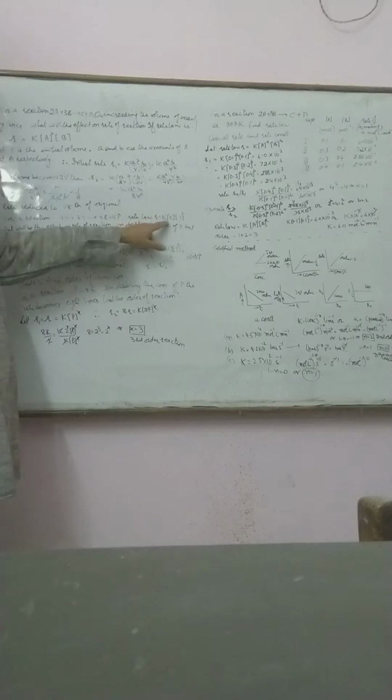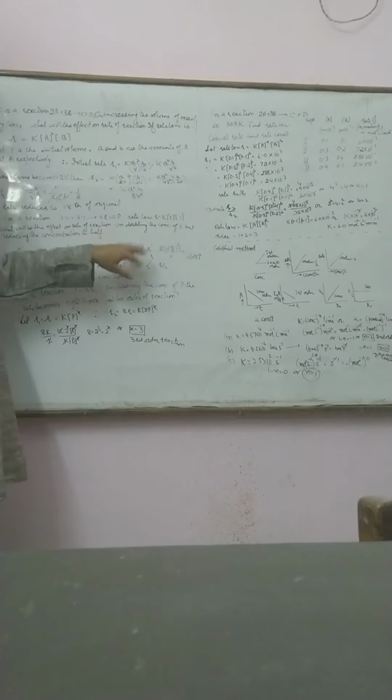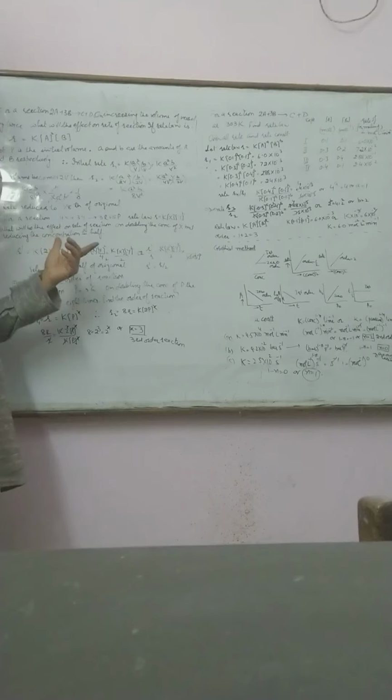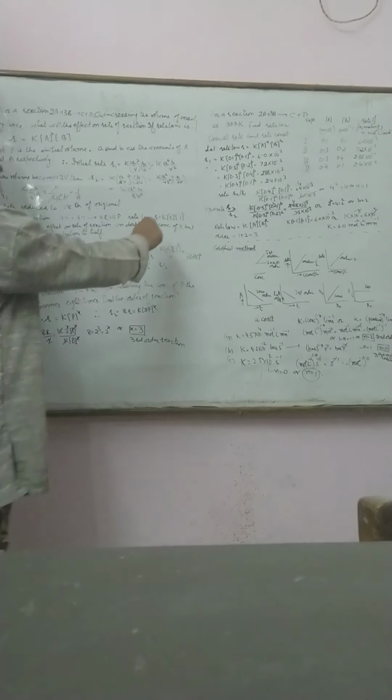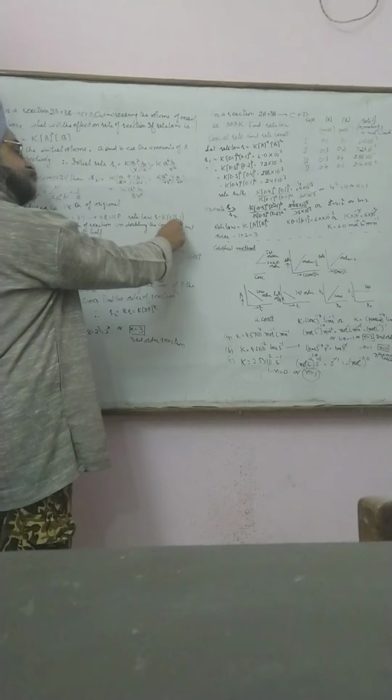Like in this example, 4X plus 3Y plus 5Z, the rate law is this one. What is the effect on the rate of reaction on doubling the concentration of X, but reducing the concentration of Y to half? So let initially the rate be k into x, y squared.